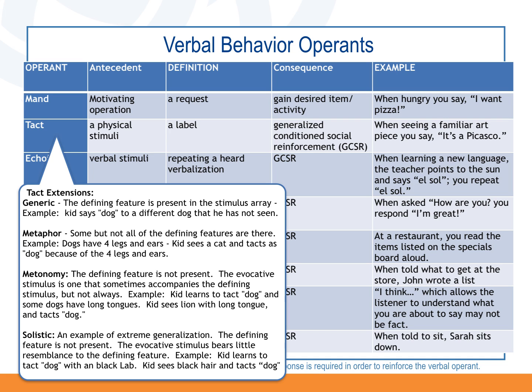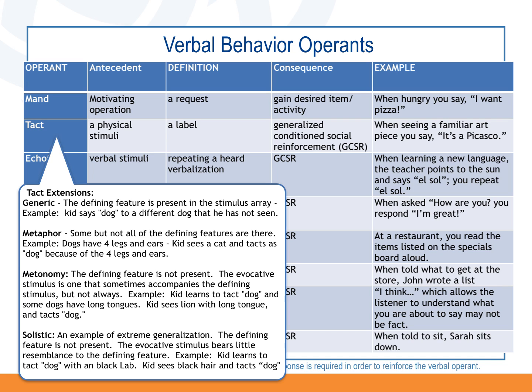And metonymy is where the defining feature may not be present, but the person has learned other irrelevant features that may not be necessary without the defining characteristics. A kid learns to tact dog, and the dog they learned on has a long tongue. Now they see a lion with a long tongue and call it a dog.